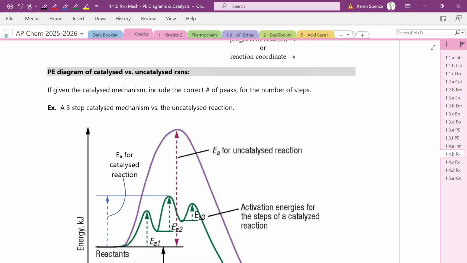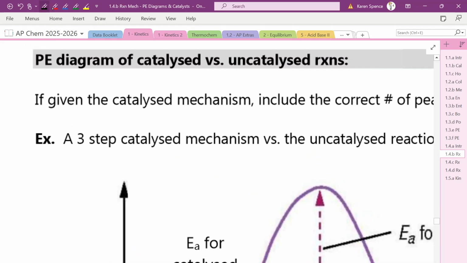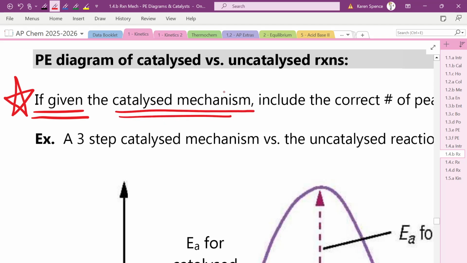There we go. Here is a potential energy diagram of a catalyzed versus an uncatalyzed reaction. I'm going to put a big star here. If you are given the catalyzed mechanism, which means you know the number of steps, then you should include the correct number of peaks.